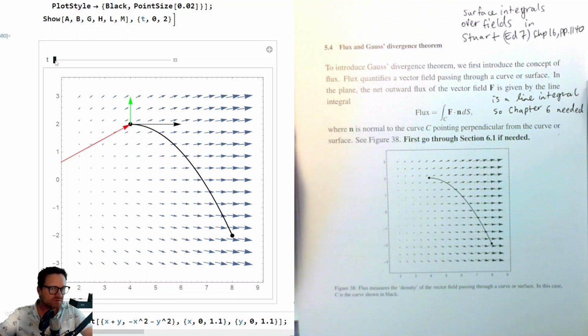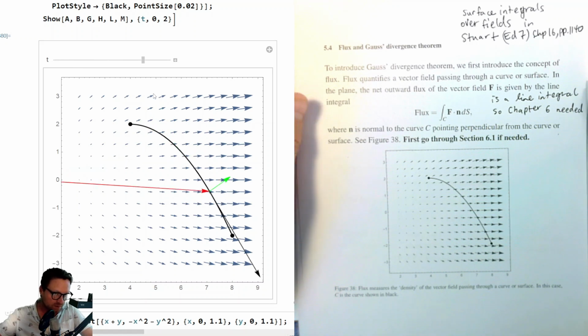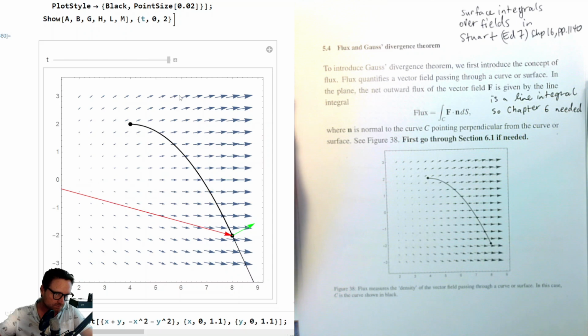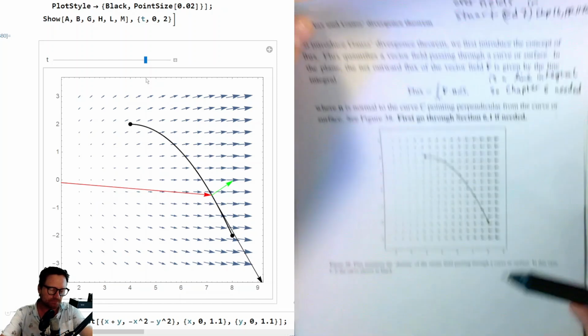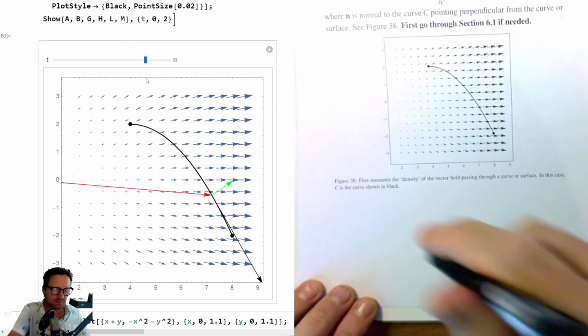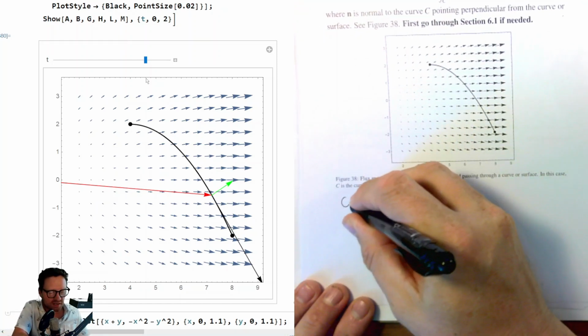So as I move t, you can see that vector, the red vector r, continues to touch a point of the curve as we go along. Okay, so that curve, I have parameterized it. So let's have a look at the parameterization. We'll write that down here.